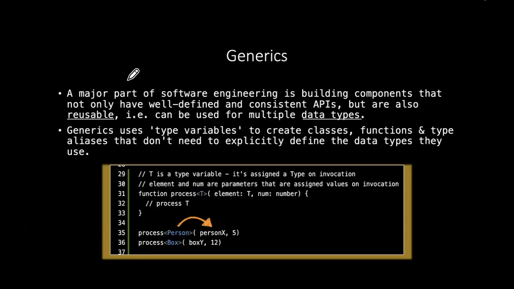Now, a simple example would be, when you declare a function, you can reuse it in many places. And similarly for a class. What generics allow us to do, if we stick with functions, for example, is parameterize the data types of the parameters of a function.